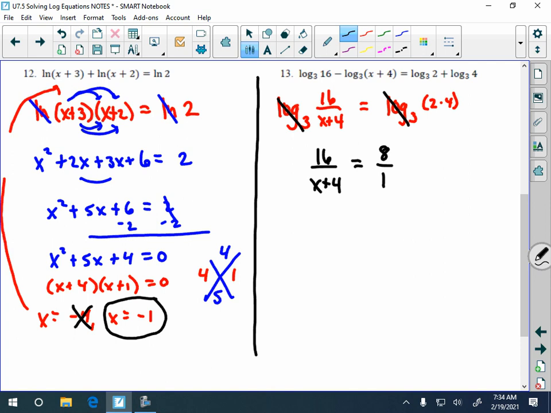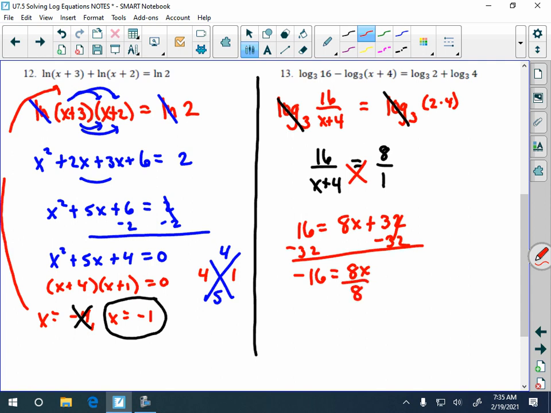Make it a fraction. Cross multiply. 16 times 1 is 16. 8 times x plus 4, remember to distribute. 8x plus 32. Subtract the 32 over. Careful of your signs when you're adding, subtracting, and dividing.